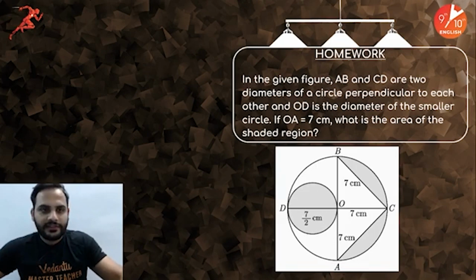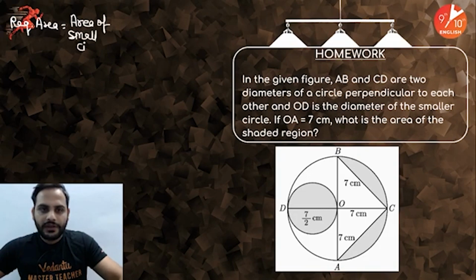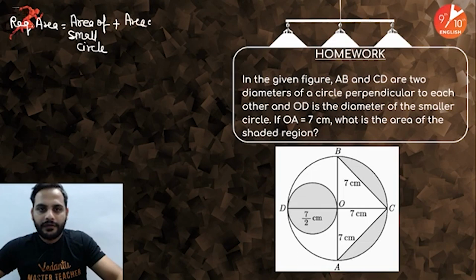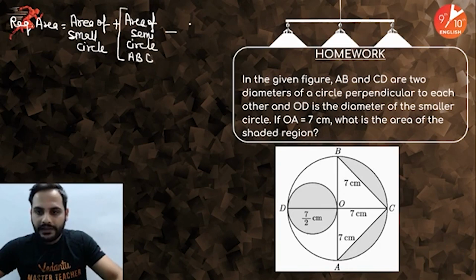So guys, I can say the required area over here will be nothing but the area of the small circle plus the area of the semicircle ABC minus the area of triangle ABC.